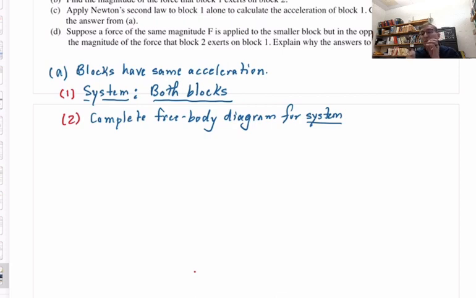That'd be a force that one part of the system exerts on another part of the system. Only forces from the outside. Remember, my system is both blocks together. So if one block is pushing on the other block, that's an internal force and would not be included in a complete free body diagram. Newton's second law tells us that only external forces can accelerate a system.